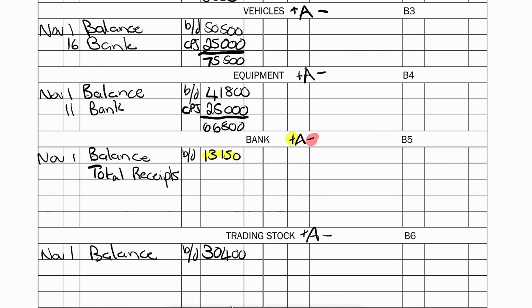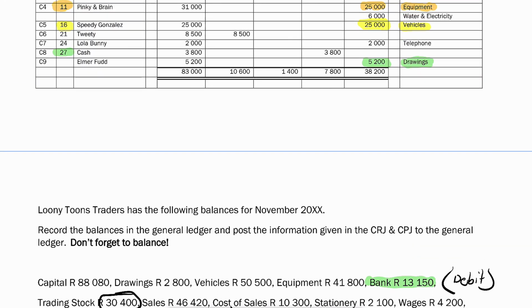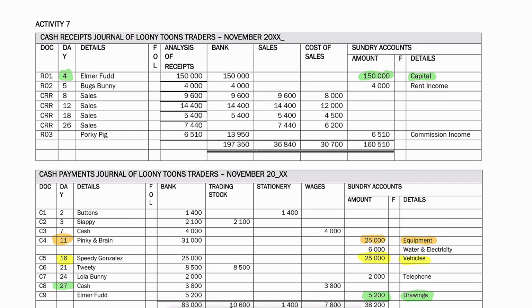Total receipts would come from the CRJ, and bank has its own column in the CRJ, so we use the last day of the month. We also then have total payments. Bank does have its own column in the CPJ, so we use our total payments from the CPJ. And now all we need to do is look up in our CPJ and our CRJ.